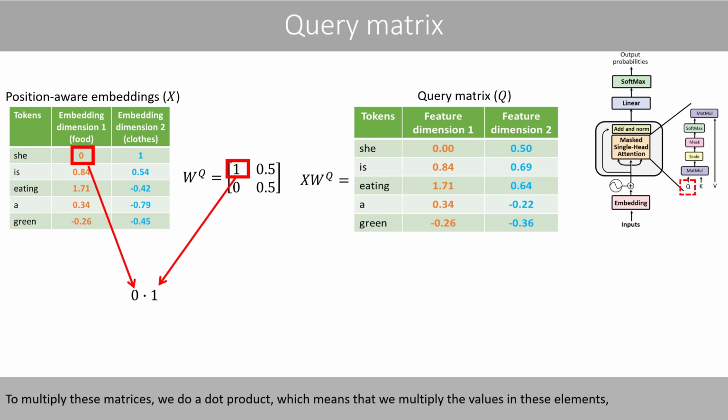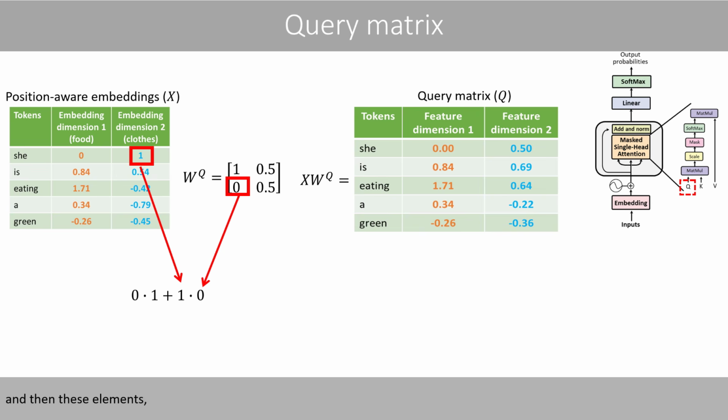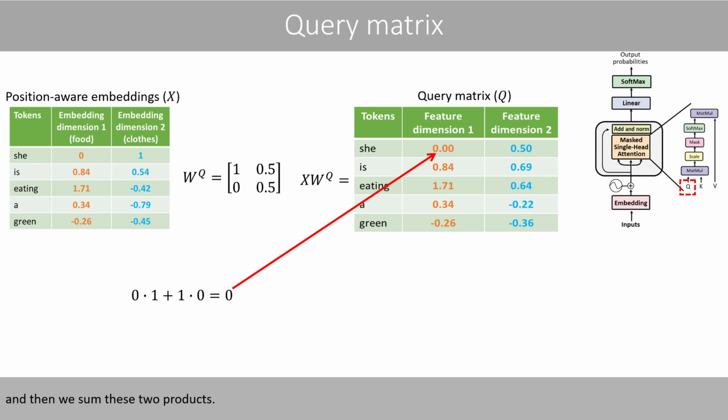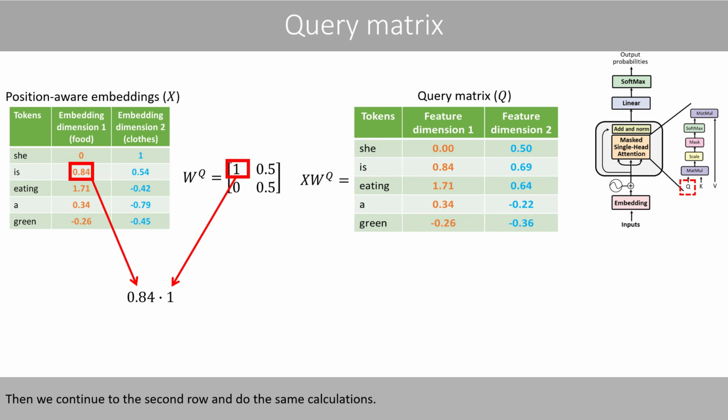To multiply these matrices, we do a dot product, which means that we multiply the values in these elements, and then these elements, and then sum these two products. Then we continue to the second row and do the same calculations.